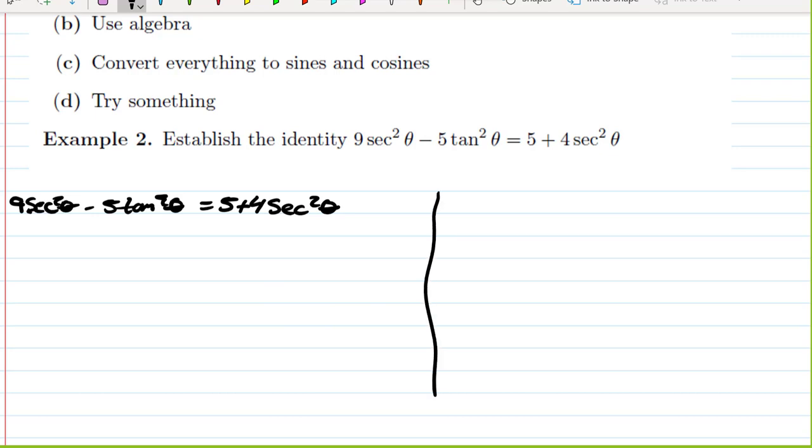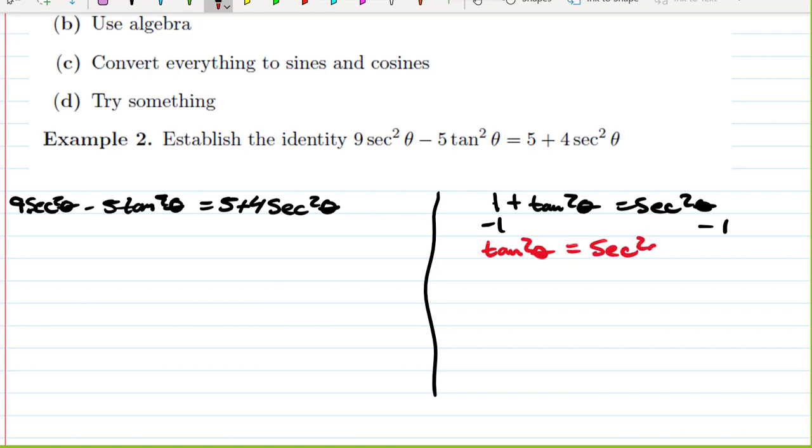So then I'm going to use the identity 1 plus tangent squared theta is equal to secant squared theta. But before I can use it, I need to subtract 1 from both sides. So if I subtract 1 from both sides, it leaves me with the identity tangent squared theta is equal to secant squared theta take away 1.